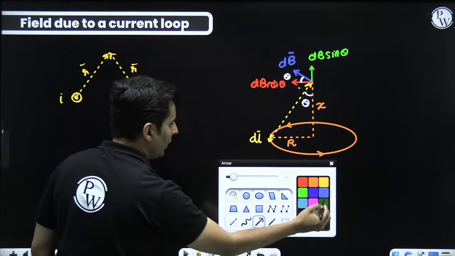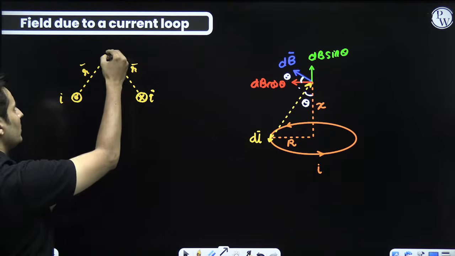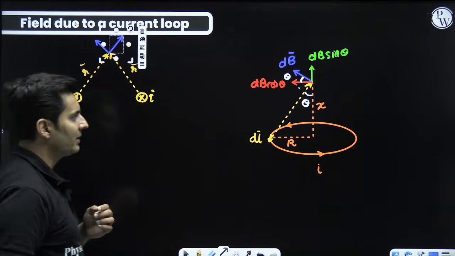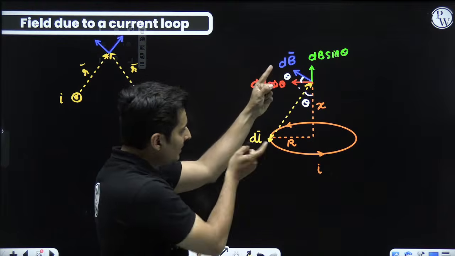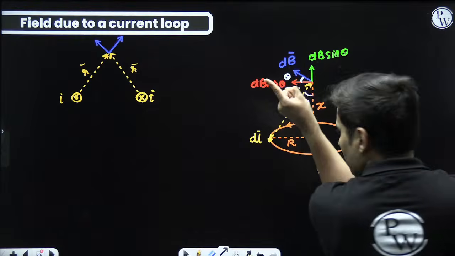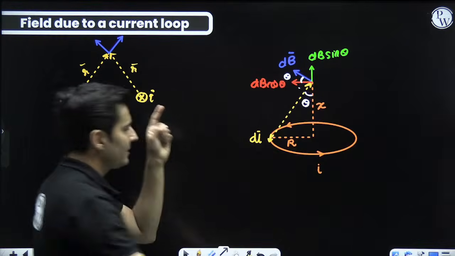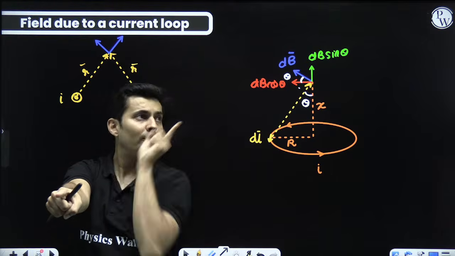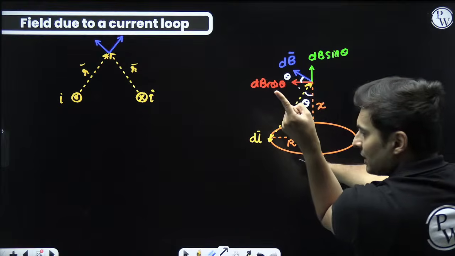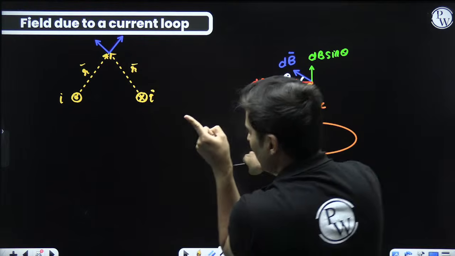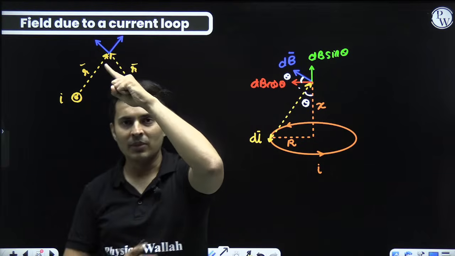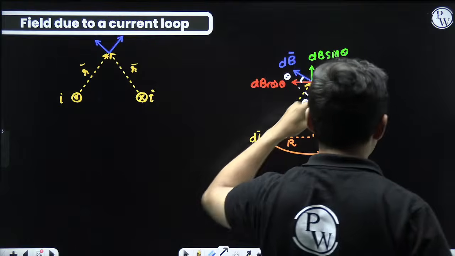Well, for this current coming towards you, the magnetic field was here. For this current, the magnetic field will be here. Okay, you can visualize it. It's just like taking this dL and r vector, just taking it like this and coming over here. Okay, just visualize. dL was here, position vector was here. Just go around the loop and come over here back. That's it. You just did that. Current is going inside, position vector is here. So even the magnetic field which was here, that will also turn and it will go like that.